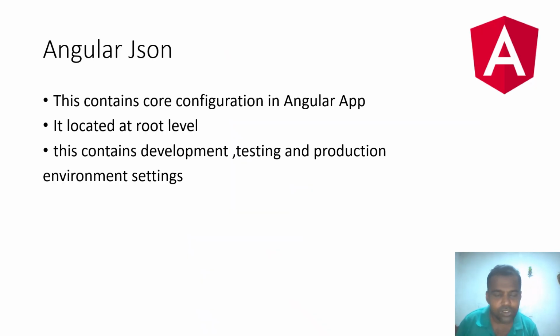Now we are going to discuss a very important file in the Angular project. Any Angular project has an angular.json file. Actually, it has the core configuration, it is located at the root level, and it contains development, testing, and production environments.